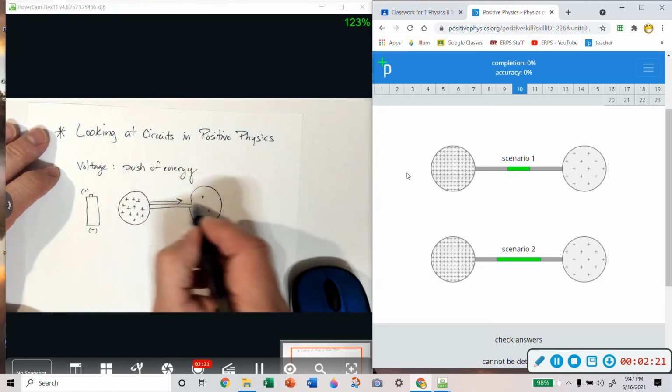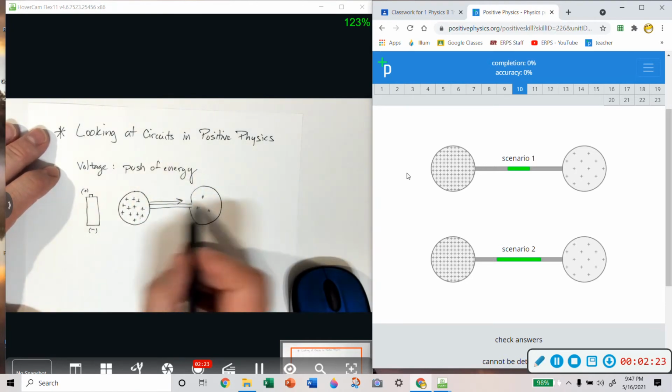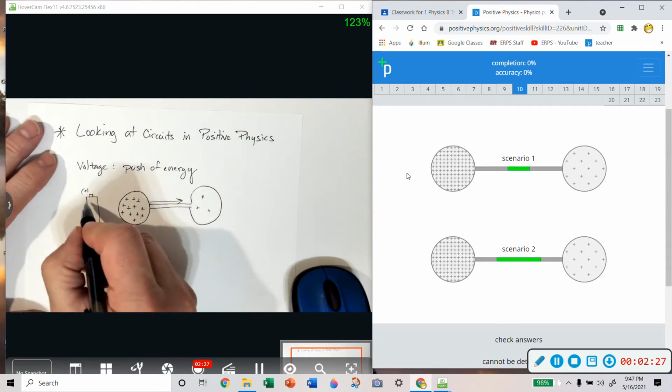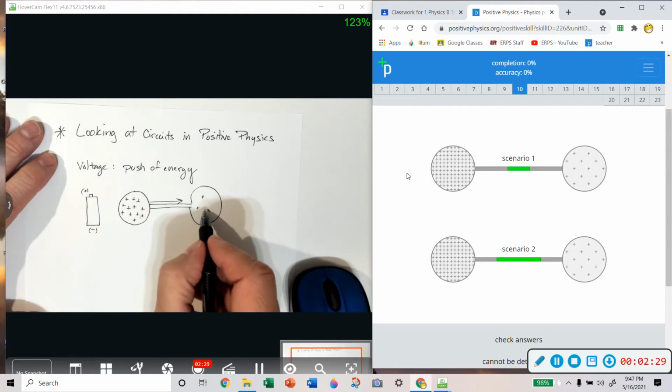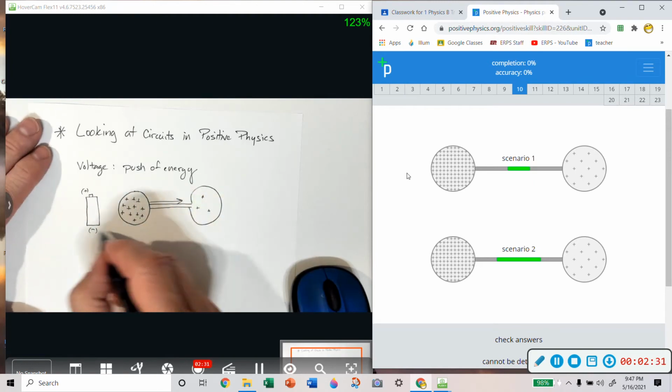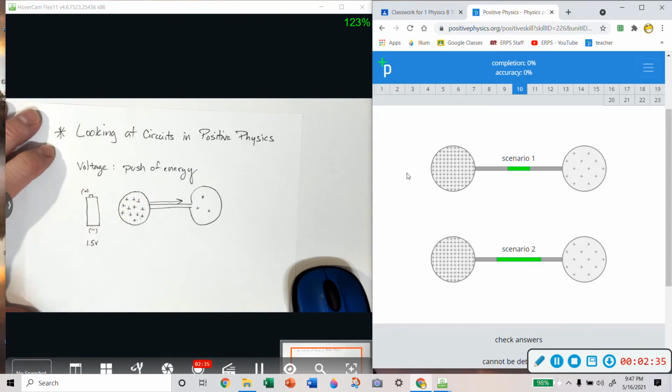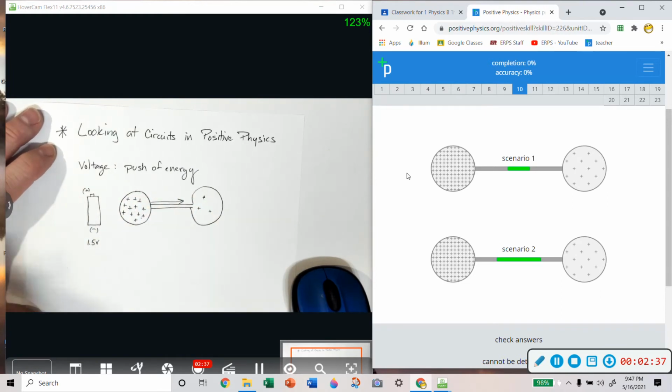And then the greater the discrepancy, the faster the current will flow. If this many pluses and minuses were, let's say, a 1.5 volt battery, that would be the difference between the two sides.